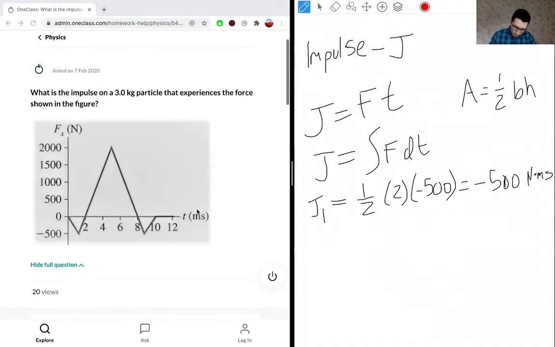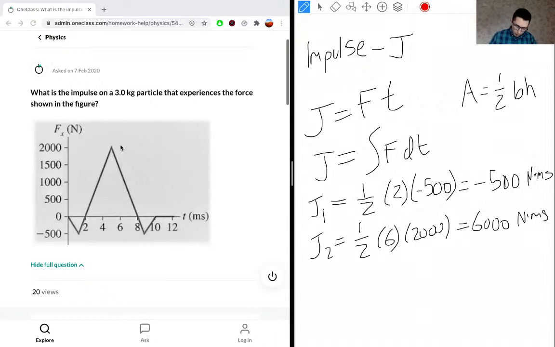And then the next one, J2, is a half. So the base is 8 minus 2, which is 6. And the height is 2,000. So this will give us 6,000 Newton milliseconds.